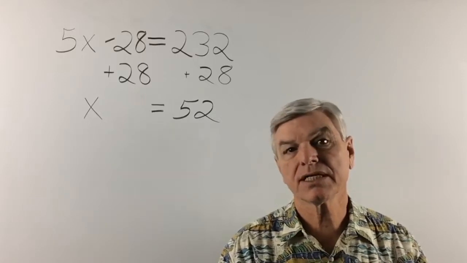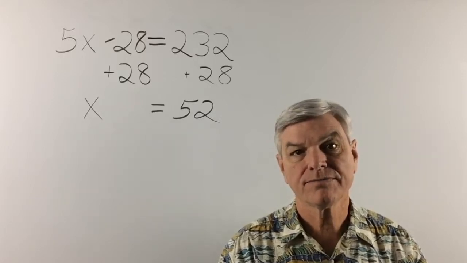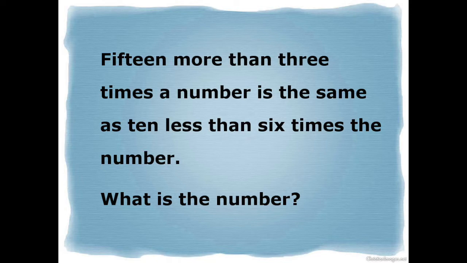Now let's do something a little bit more involved. 15 more than 3 times a number is the same as 10 less than 6 times the number. What is the number? Okay, like I said, I like to start with the equal sign. And they said start with 15 more.